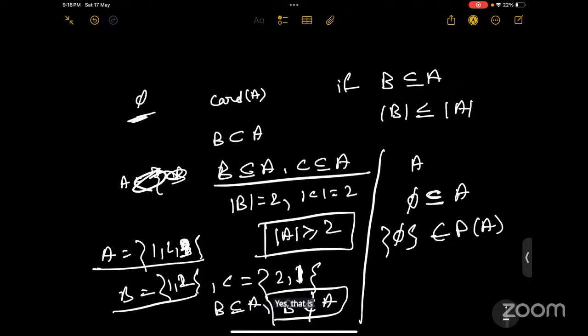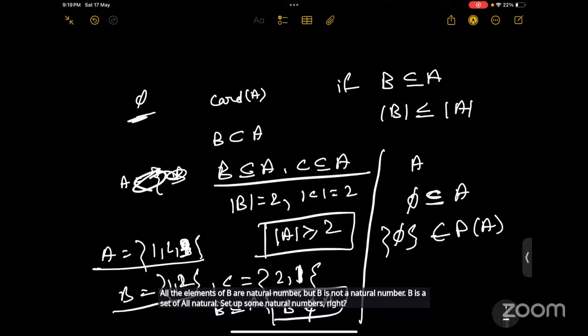That is why we are saying that B is a subset of A, right? Yeah. Now all the elements of A are natural numbers, right? Okay. Is B a natural number? No, right? All the elements of B are natural numbers, but B is not a natural number.